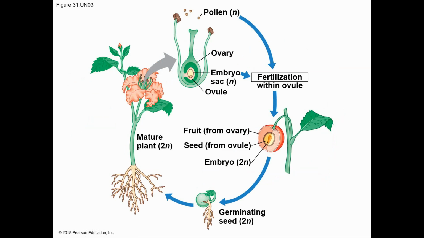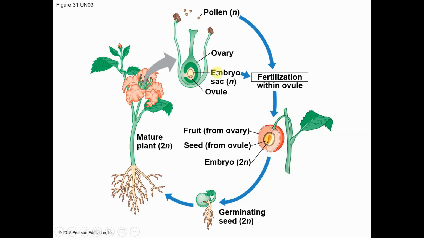And so the process of fertilizing that egg cell in the ovule is very important, and we'll look at that in this chapter here. And so this shows you kind of the process as well. So here, the mature plant has both the male and female portions that are needed. So the male pollen, the female has the ovary. Inside the ovary are one or more ovules.